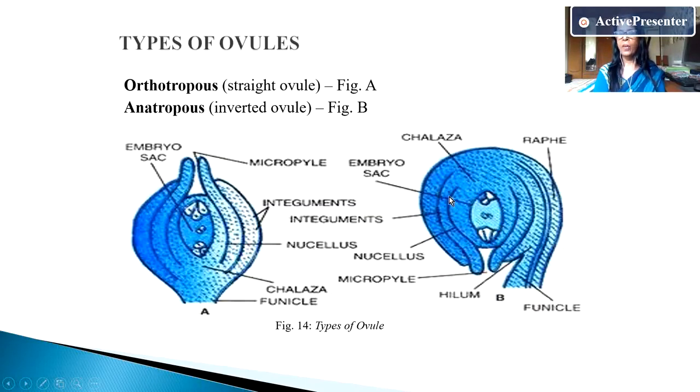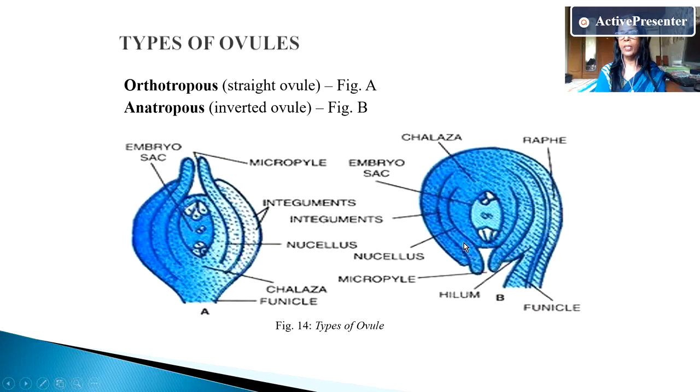It is surrounded by the nucellus. One cell of the nucellus produces this female gametophyte. So this nucellus is diploid, but in the female gametophyte, except the secondary nucleus, all cells are haploid. And after the nucellus, next is the integument.